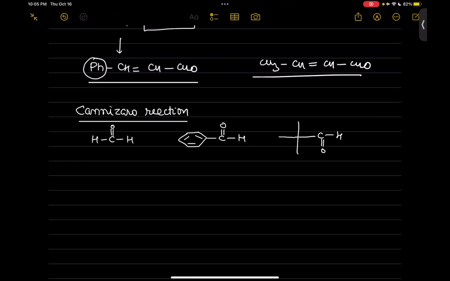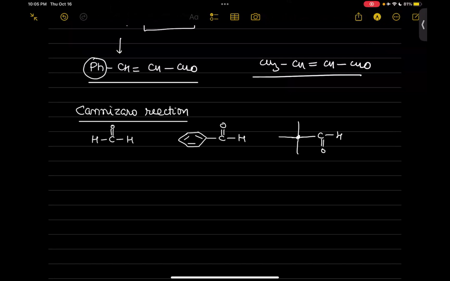Yes, sir. Okay, so these are the brand ambassadors of the Cannizzaro reaction. Whenever you study the Cannizzaro reaction in any book, you will find these reactants: formaldehyde, benzaldehyde, and pivaldehyde, t-BuCHO. This doesn't have any alpha hydrogen.